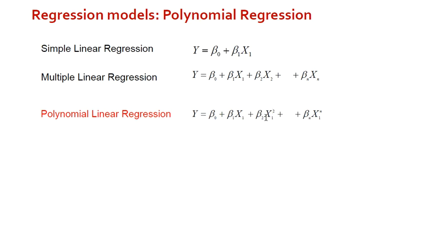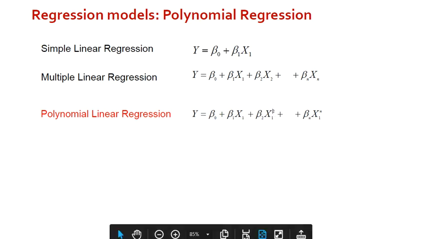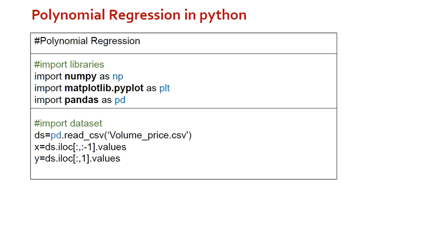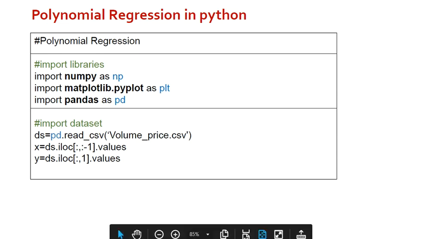Dia masih lagi menggunakan konsep linear regression, cuma bila dia nak measure punya curves, dia pakaikan degree. Okay. So that is just the simple facts lah on polynomial regression. Now let's proceed with the coding.